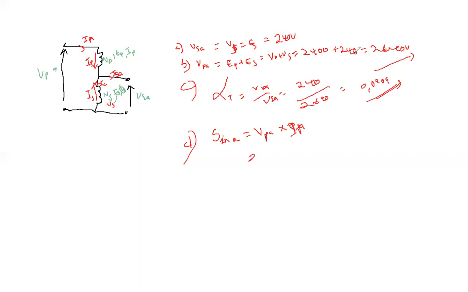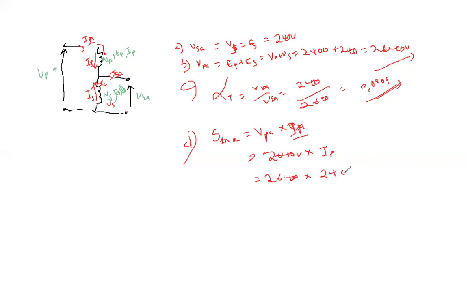We already have VPA, which is 2640 volts, multiplied by IPA. IPA is right here, and you can see that this is the same as IP. So IPA is actually equal to IP. So it's 2640 times IP.